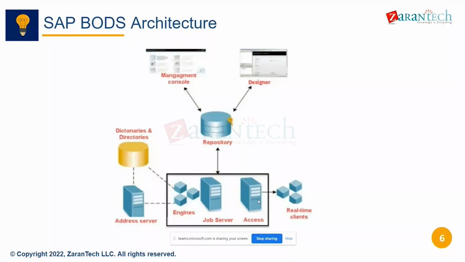The access server is a middleware between the repository and real-time clients. If any signal comes to the access server, it goes to the particular system that is configured. From there, it calls the real-time clients, which for now we can consider as ODBC drivers. Using those drivers through the access server, it sends the signal back to the repository, and then the job starts processing. So this is the architecture of BODS.